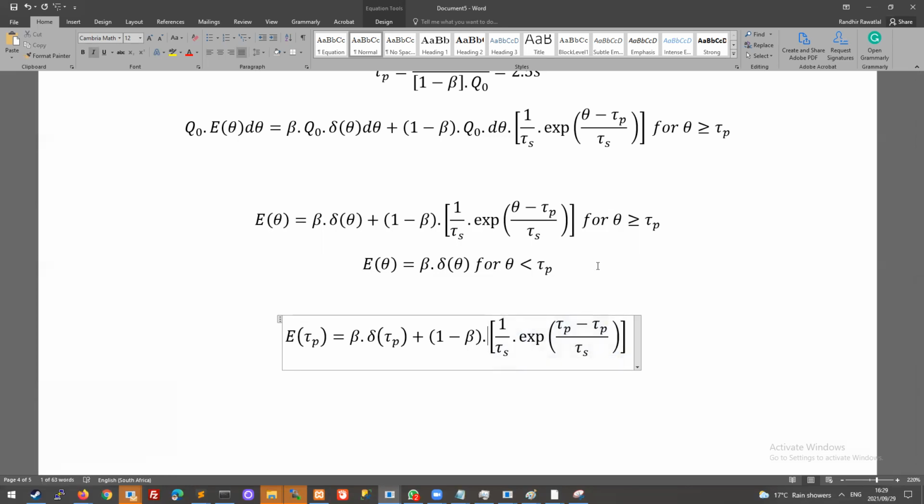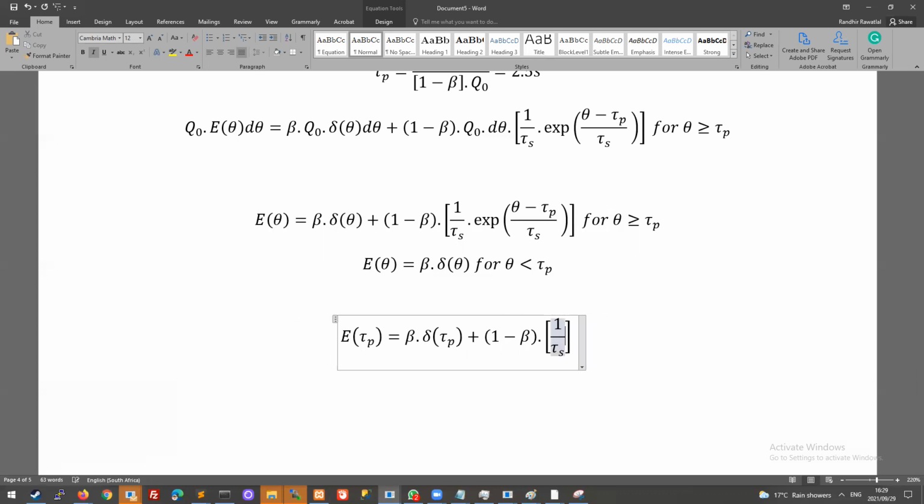So this whole thing becomes a 1. So it's like that. And this tau p also, the Dirac delta function is 0 everywhere at 0. Now tau p is not 0. So this is a 0, right?